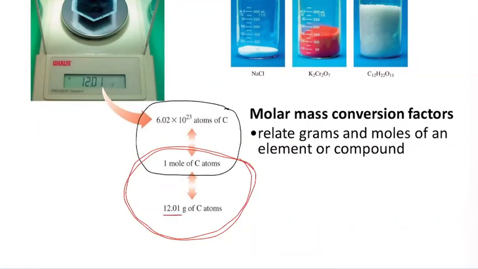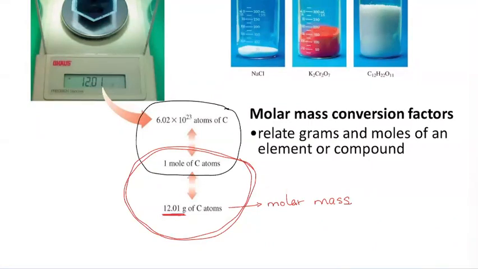This number that we see right here is what we call the molar mass for an element. So when you look at the periodic table, atomic mass has units of AMU, but molar mass has units of grams per mole.